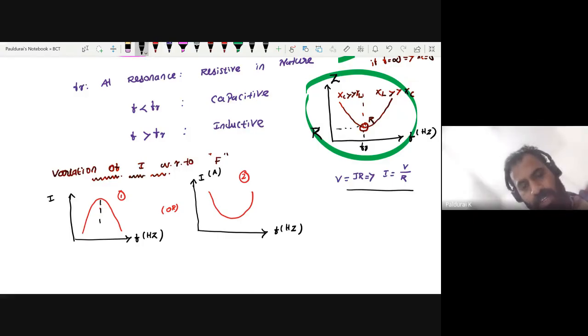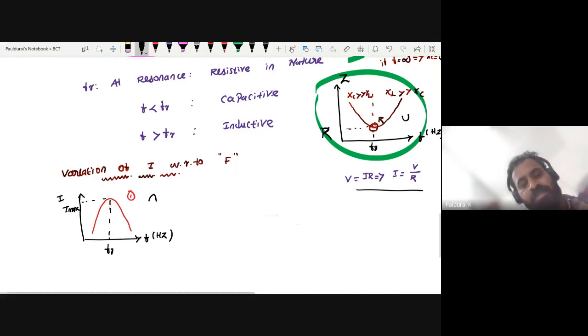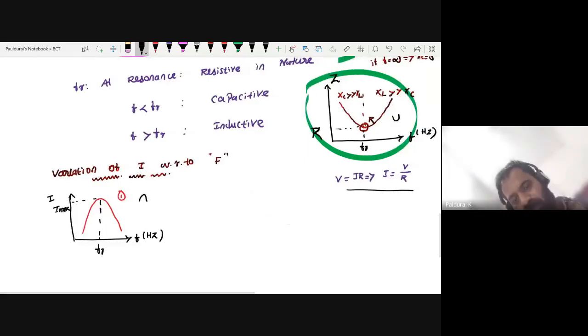Since current and resistance are inversely proportional to each other, obviously the curve will come like this automatically. So you won't get this. So this is the variation of current with respect to frequency. It's very simple.